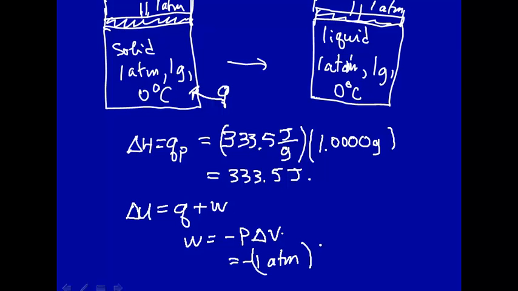But what is delta V? Well, that's why we're given the densities. Delta V is the final volume, that's the volume of the liquid, minus the initial volume, that's the volume of the solid.